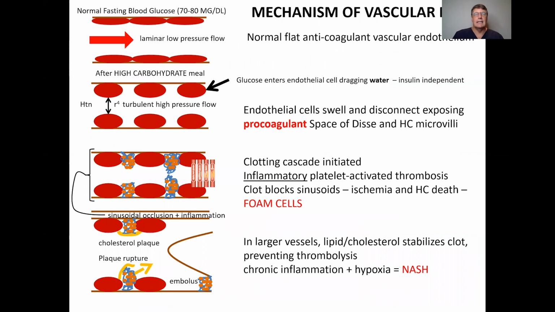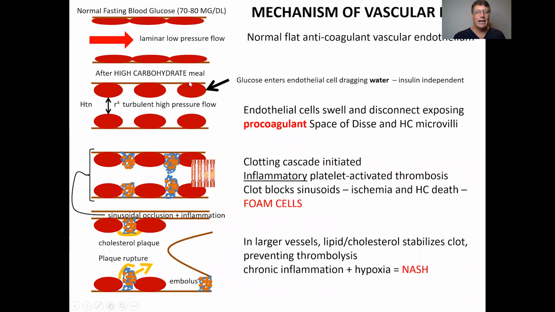So let's look at this in a schematic. In a normal fasted state, the endothelial cells up here are nice and flat like fried eggs, and they're touching. And you've got a wide lumen, lots of flow coming into contact with the hepatocytes, just beautiful transition of metabolism, doing very well.